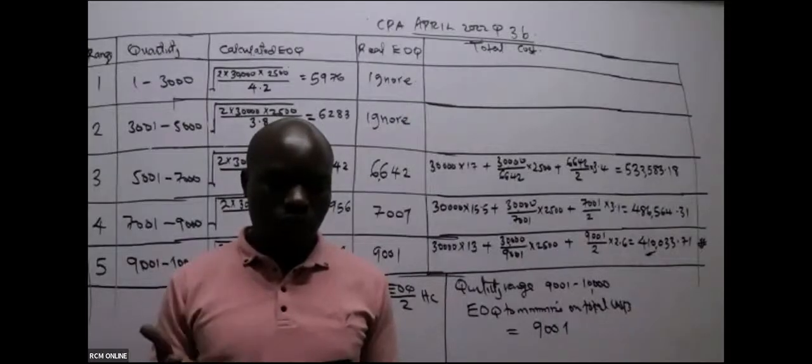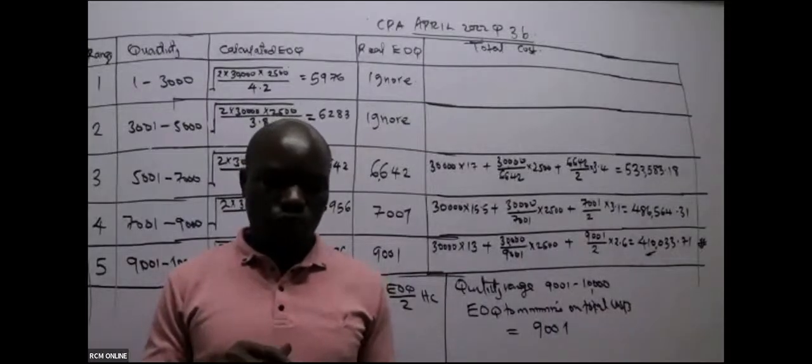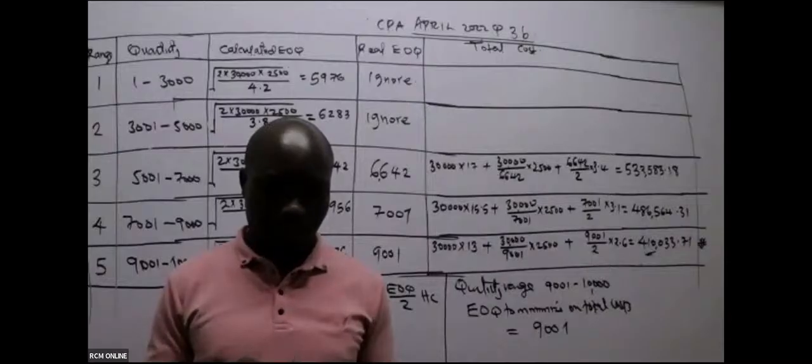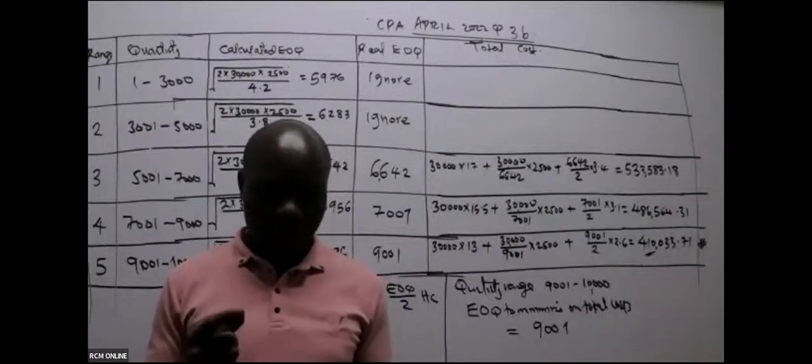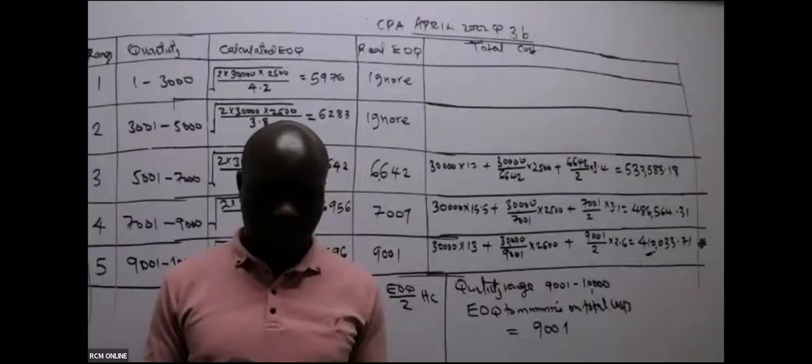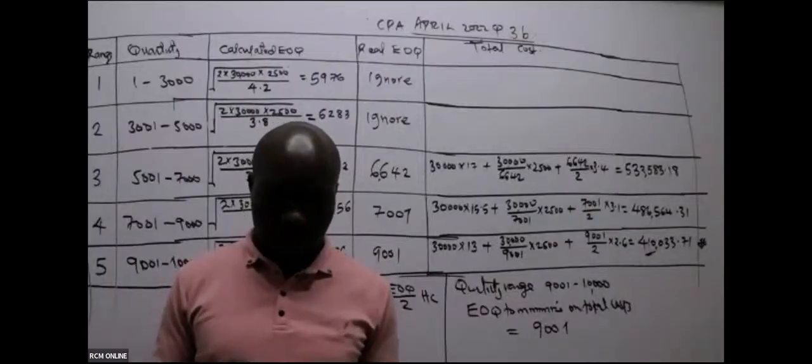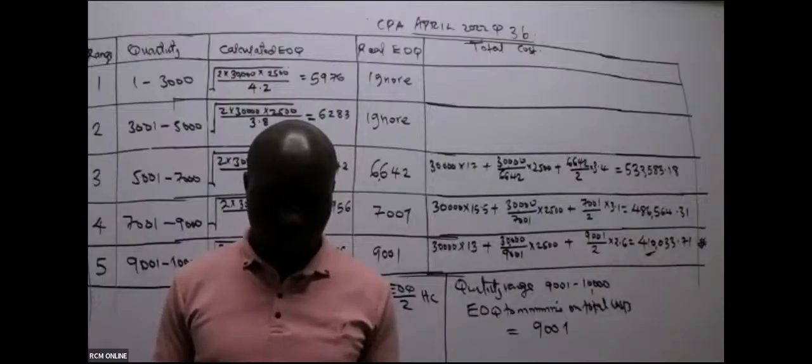But before we move to the similar question, can you go to 2017? I'll show you another thing. The same unit, CPA, should be getting it from 2017, if I'm not wrong. Should be 2017, 2018, somewhere there. Good.